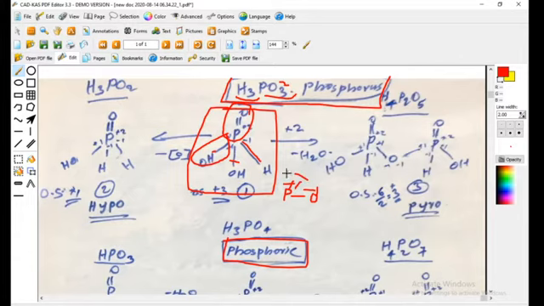In this way we can calculate the oxidation state of phosphorus in this molecule. Here oxygen is double bonded with the phosphorus, so there will be plus 2 oxidation state because of this double bond. And here the OH bond is there.